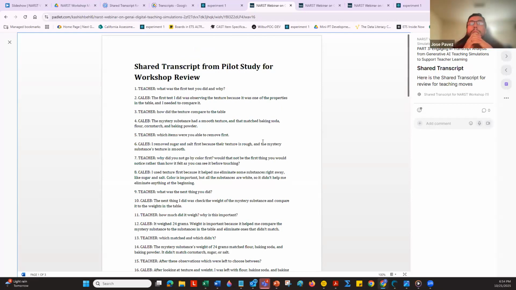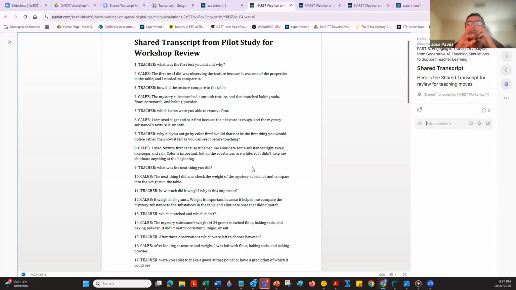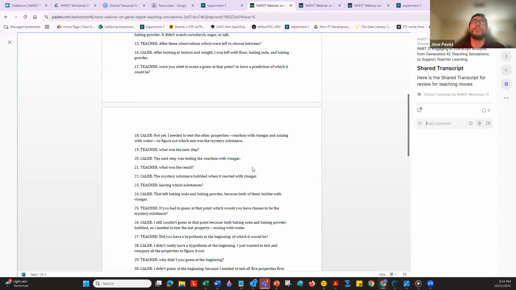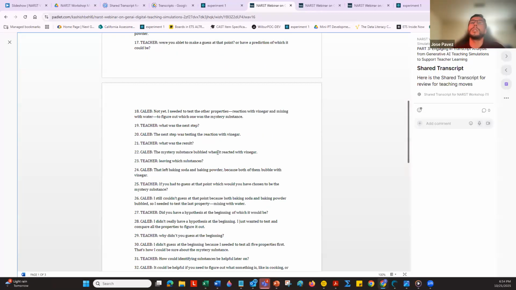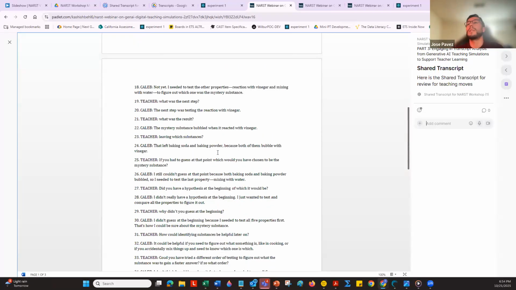Yeah, so one thing I noticed in terms of eliciting students' ideas was that the teacher had an interesting transition from asking more procedural questions, trying to understand the step-by-step process that the students followed to come up with the mystery substance. But then at the end, she or he added some questions related to extensions, like what will happen if we do this differently?